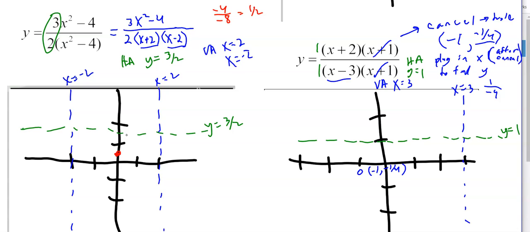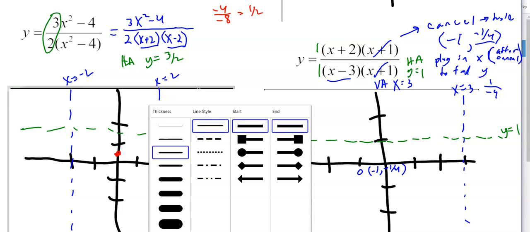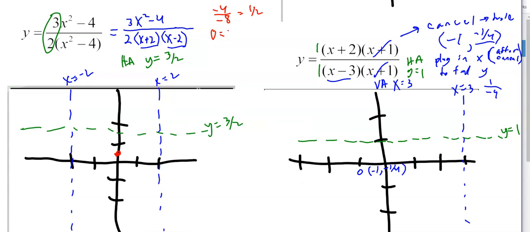And then let's find the x-intercepts. Again, to do that, don't worry about the denominator. Let me get rid of this just so I can have some room here. Set the numerator equal to 0: 3x squared minus 4 equals 0.